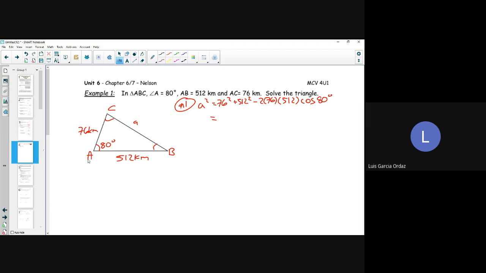Do not use radians. Let's see if anyone can come up with the solution.